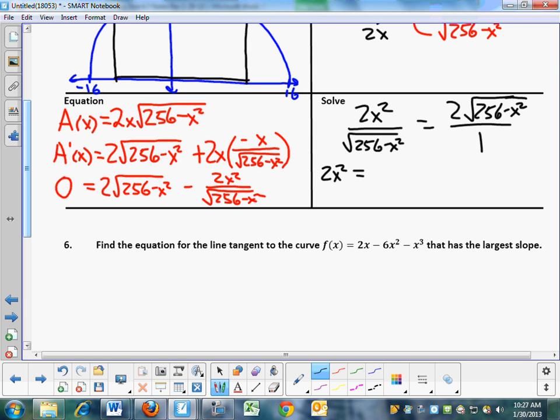Yeah, 2 times 256 was 512, and then minus 2x squared, right? When you multiply the square roots, they'll go away, yep. So you have 2 times that 256 minus x squared then, yep.